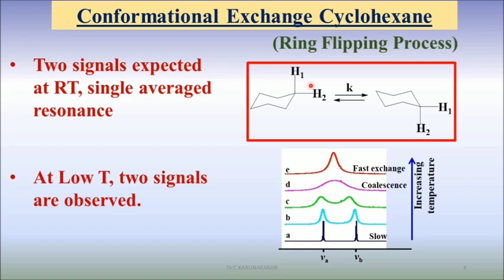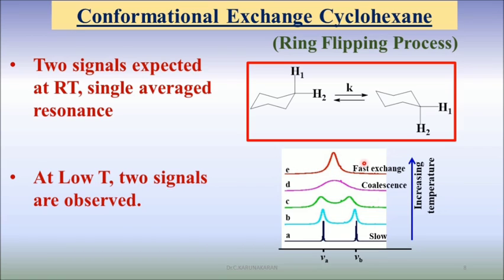Therefore, two signals are expected due to axial and equatorial protons, but at room temperature only one singlet signal, a single average resonance, is observed, whereas on lowering the temperature the two signals are resolved.